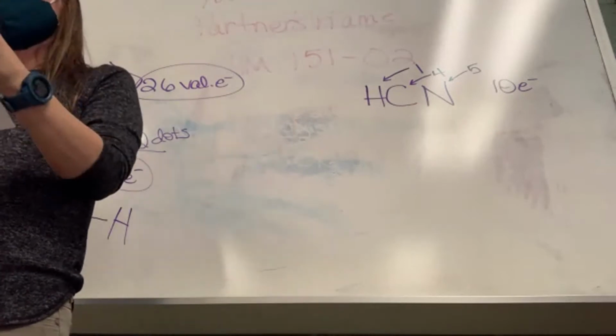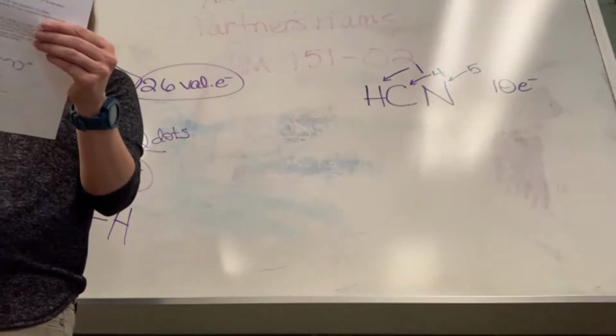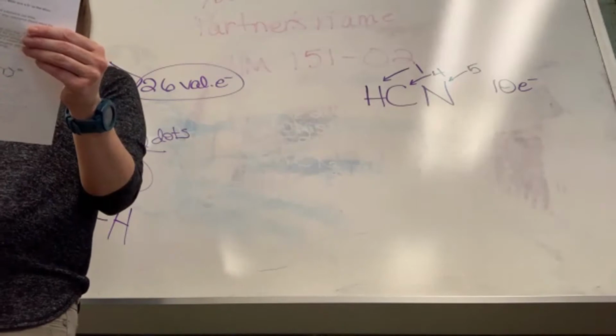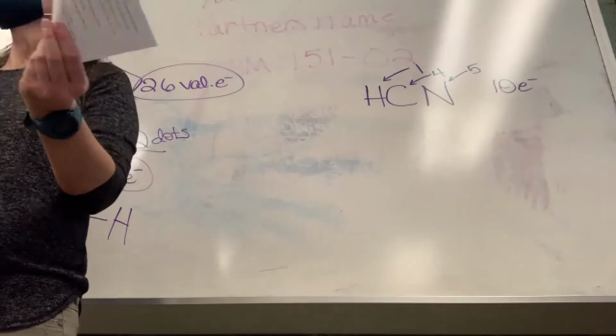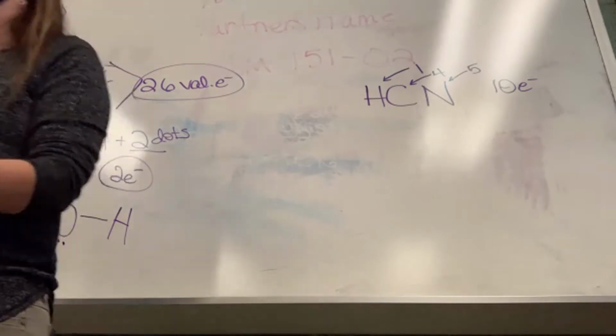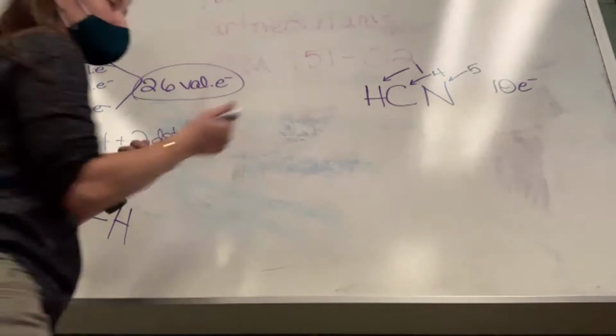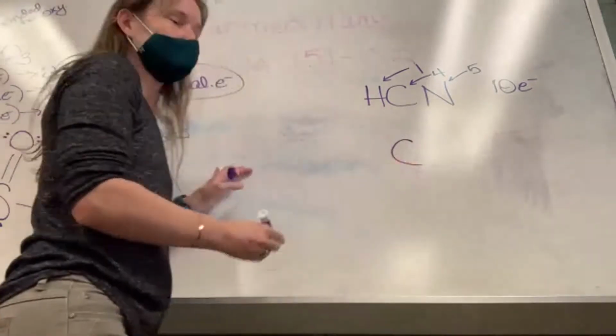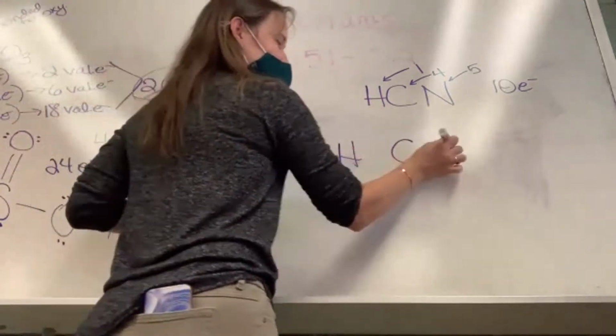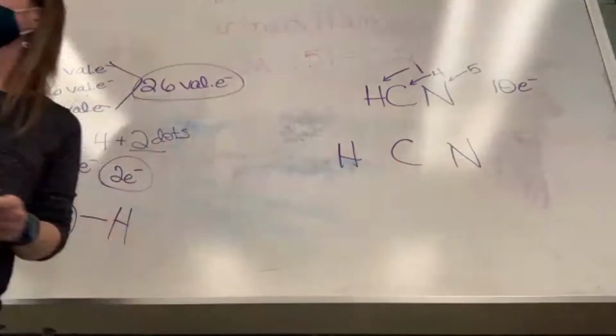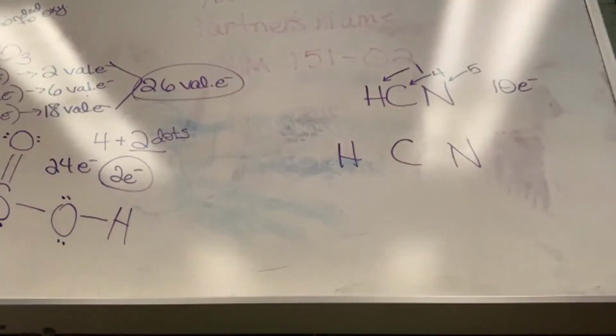Okay. Determine the central atom. The most common central atom is carbon. So guess what goes in the middle? Carbon. So carbon will be in the middle. And guess what's bonded to it? H and N. Okay.